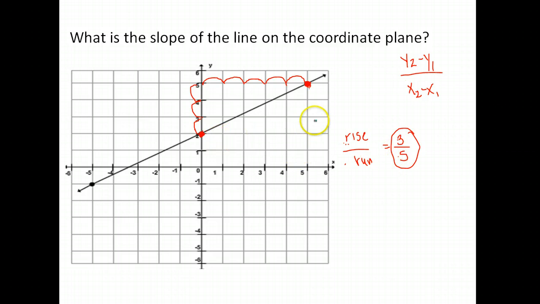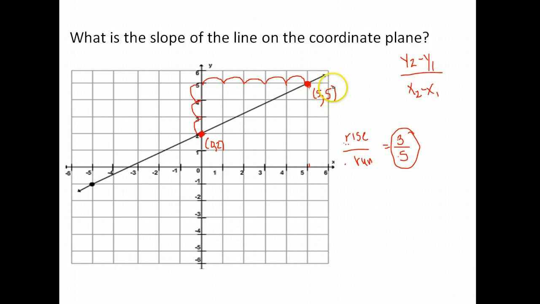The other option is to use the formula for slope. So you write down what the 2 points are. This is the point 0, 2. This is the point, let's see, it's over 5 and up 5. So we're going from the point 0, 2 to the point 5, 5. We subtract the y's on top.